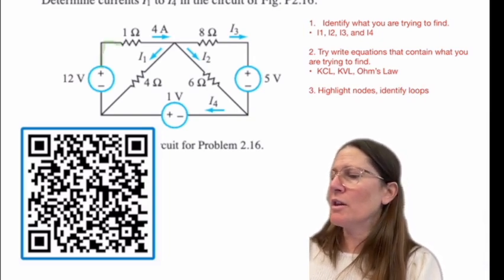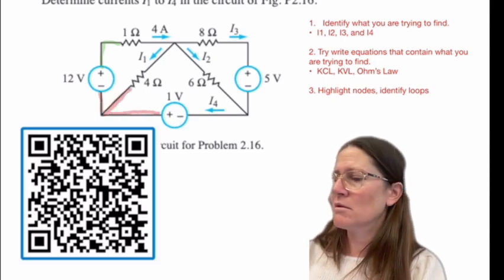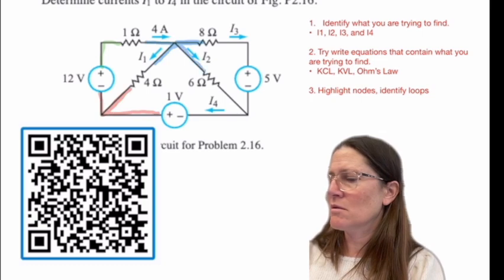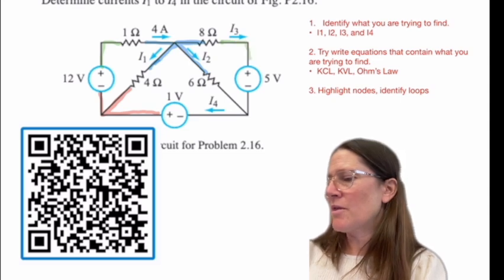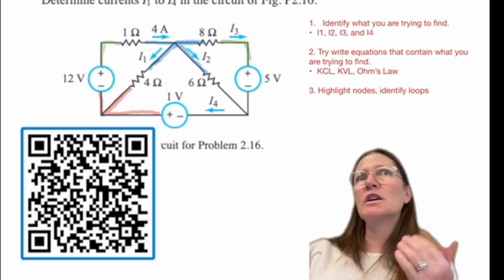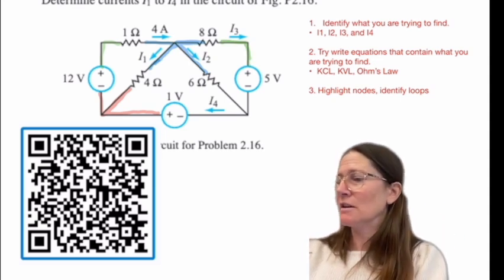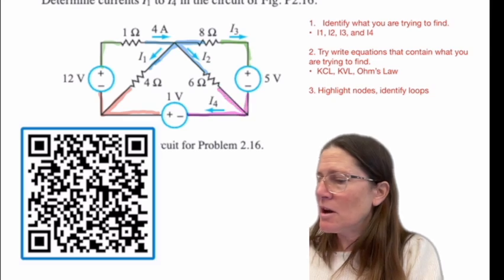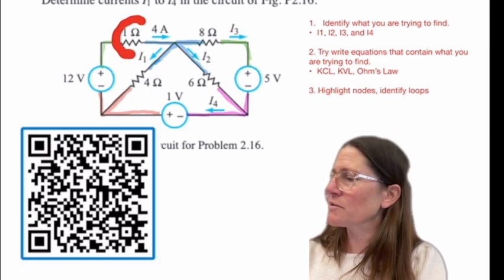So I'm going to highlight all the nodes. And to highlight them, that means between each element. So I have to identify the elements first if I haven't yet. So I identify the elements. If you need to, circle all the elements first.